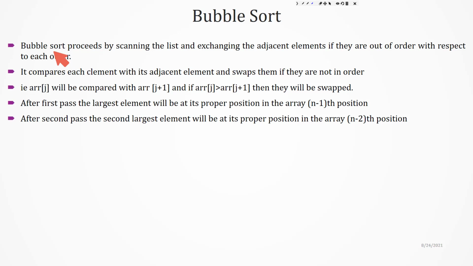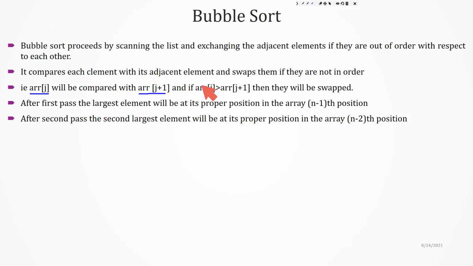Next we will check the second and third element. If they are out of order, we will exchange them. That's the meaning: it compares each element with its adjacent element and swaps, meaning interchanges them, if they are not in order. That means if there is an array cell j, it will be compared with array cell j plus 1.